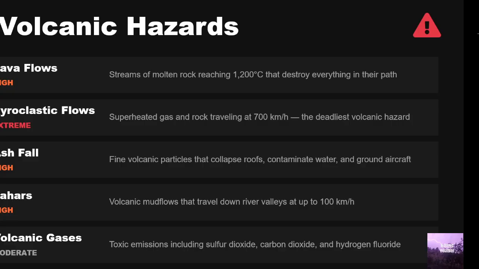Ashfall, high, is fine volcanic particles that collapse roofs, contaminate water, and ground aircraft. Lahars, also high, are volcanic mud flows that travel down rivers at up to 100 kilometers an hour. Volcanic gases, which are moderate, are toxic emissions including sulfur dioxide, carbon dioxide, and hydrogen fluoride.